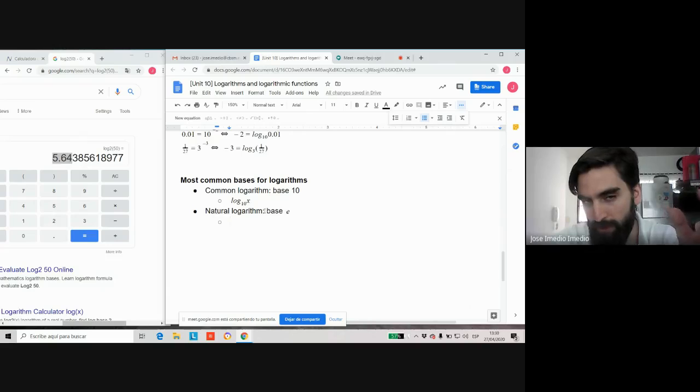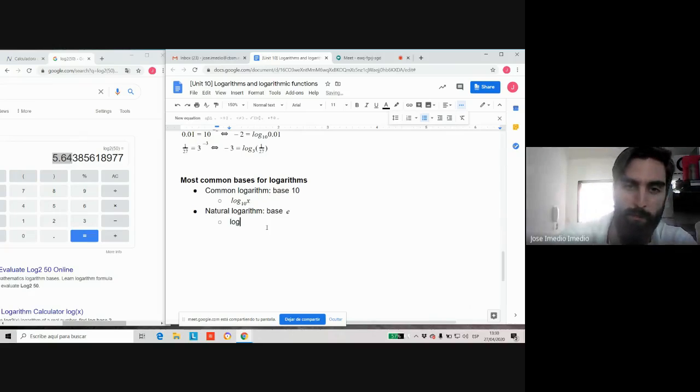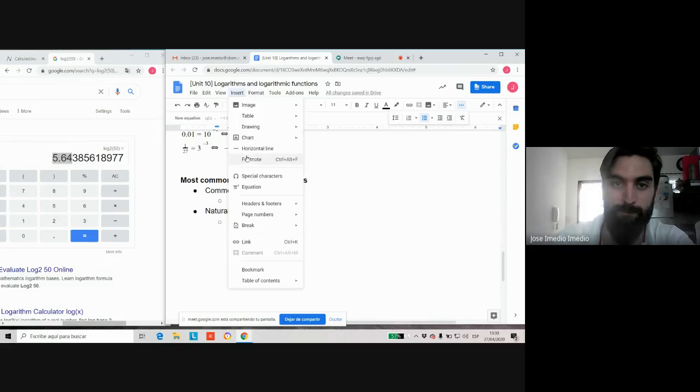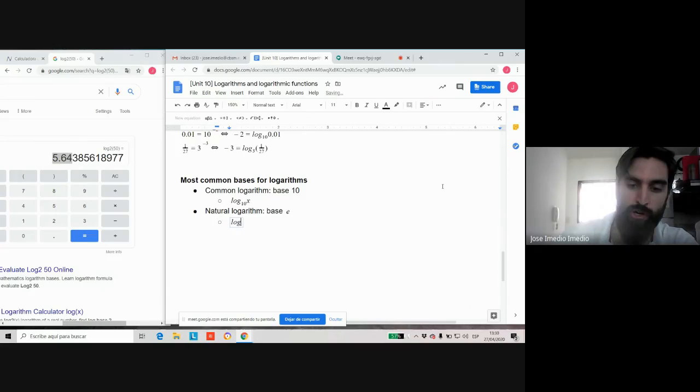So the natural logarithm means logarithm base e. Actually, it's not the way we write it. We don't need to write the base.